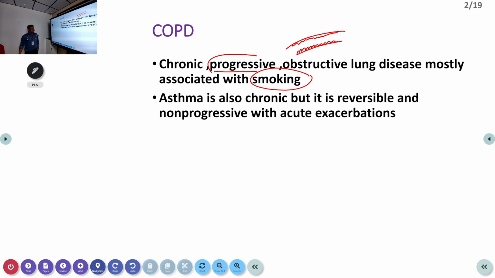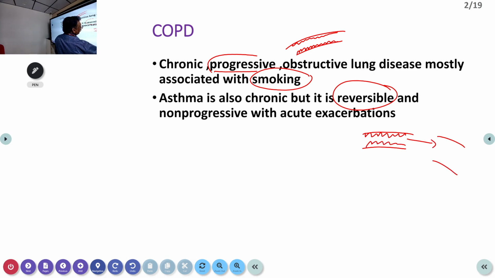Asthma is also a chronic disease, but it is intermittent and reversible. During acute inflammation there will be inflammation of the bronchial walls and it produces obstruction, but after that it will be completely relieved. Whereas COPD is persistent throughout his lifetime, and it will be progressively increasing. Asthma is a non-progressive disorder.